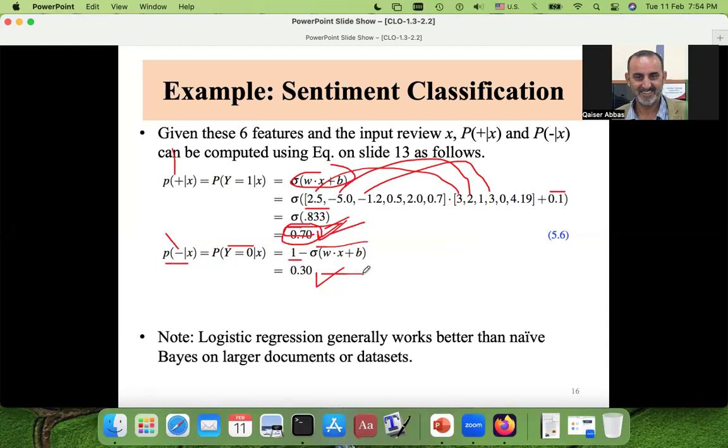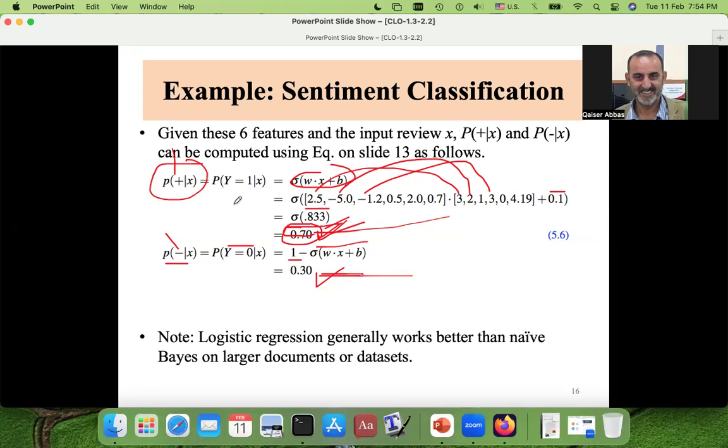But now, if 0.5 is your threshold, then based on that threshold you can say it is 1 or 0, and that class is predicted at the end.